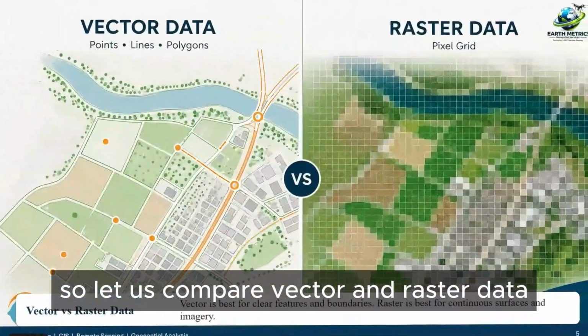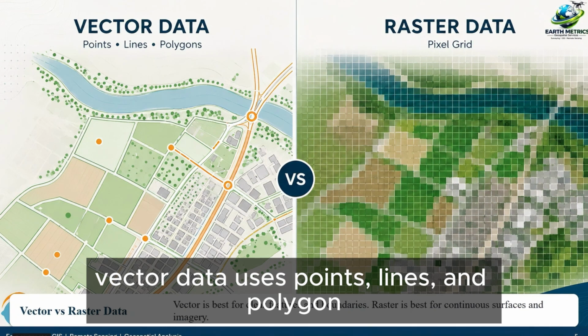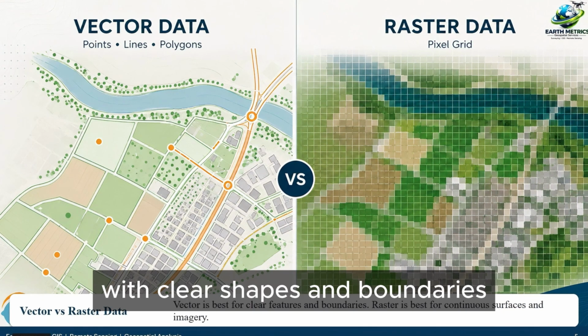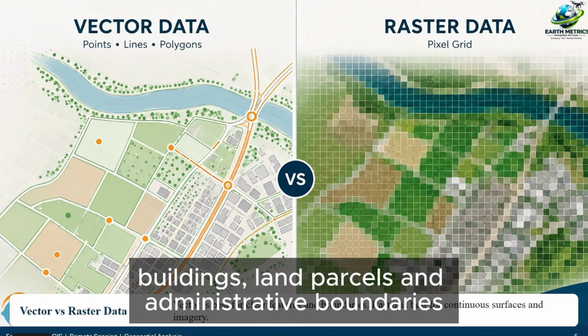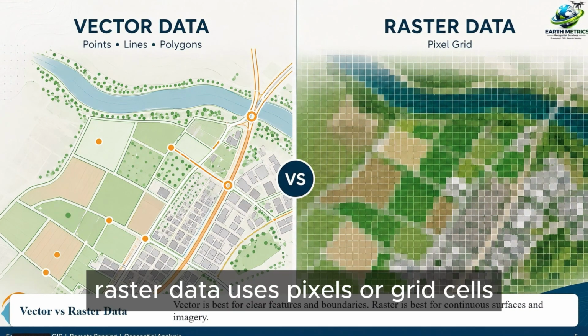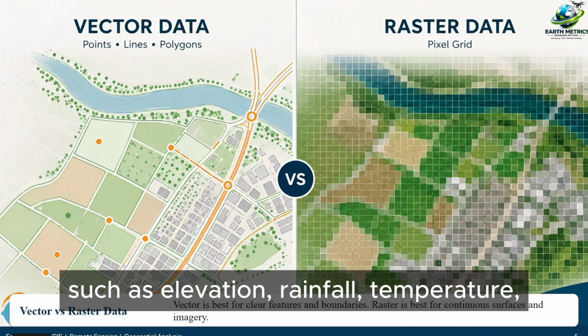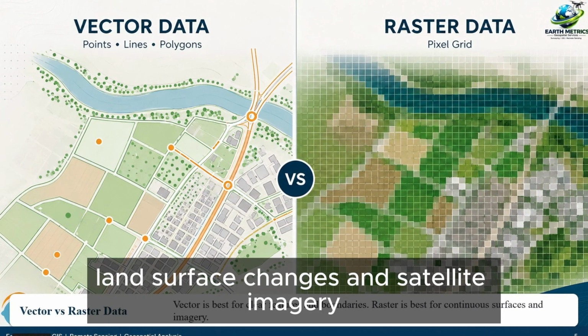So, let us compare vector and raster data. Vector data uses points, lines, and polygons. It is best for features with clear shapes and boundaries, such as roads, rivers, buildings, land parcels, and administrative boundaries. Raster data uses pixels or grid cells. It is best for continuous surfaces and image-based information, such as elevation, rainfall, temperature, vegetation cover, land surface changes, and satellite imagery.